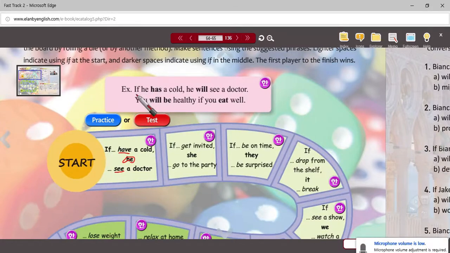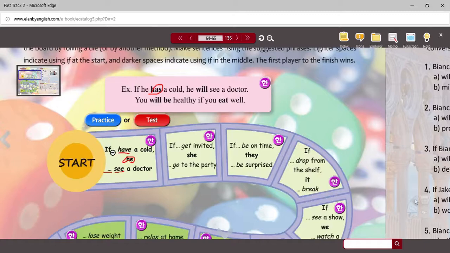So in the example here, if he has a cold, he will see a doctor. So in the if clause, you'd have to conjugate the verb have, as we have here. So it's not if he have a cold. If he has a cold, he will see a doctor. Okay, so one verb gets conjugated. Good.